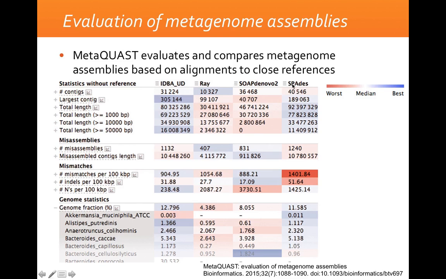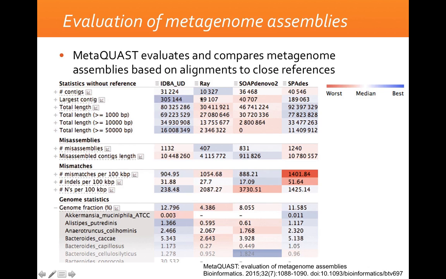You recognize SPAdes here, and Ray is another metagenomic assembler. So here we have 4 assemblies, and MetaQuast has compared them against this pseudo reference genome that it obtained by taking all the contigs.